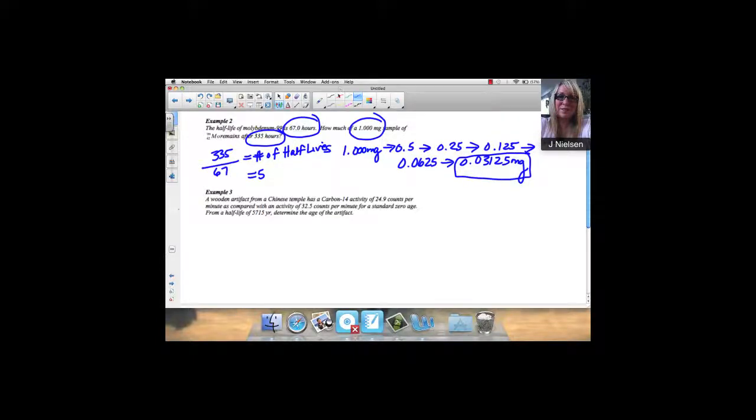So this underwent 5 half-lives. Each arrow is a half-life. 1, 2, 3, 4, 5.